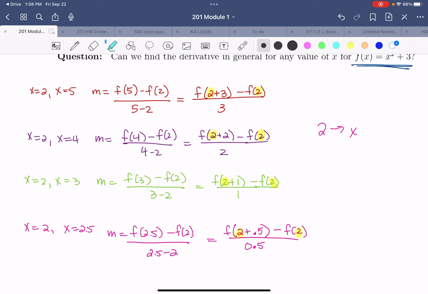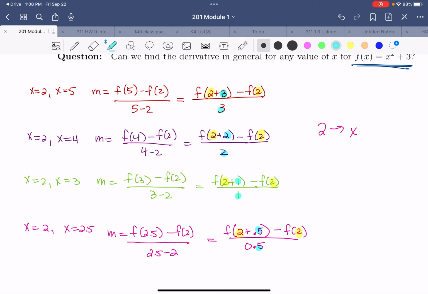Remember that previously, we were looking for a number that was changing each time. And take a look, these two actually change at the same time. And they're getting closer and closer to something. Now, in the last one, those numbers were getting closer and closer to 2, right? We were moving our second point, our 5, 4, 3, 2.5, closer and closer to 2.